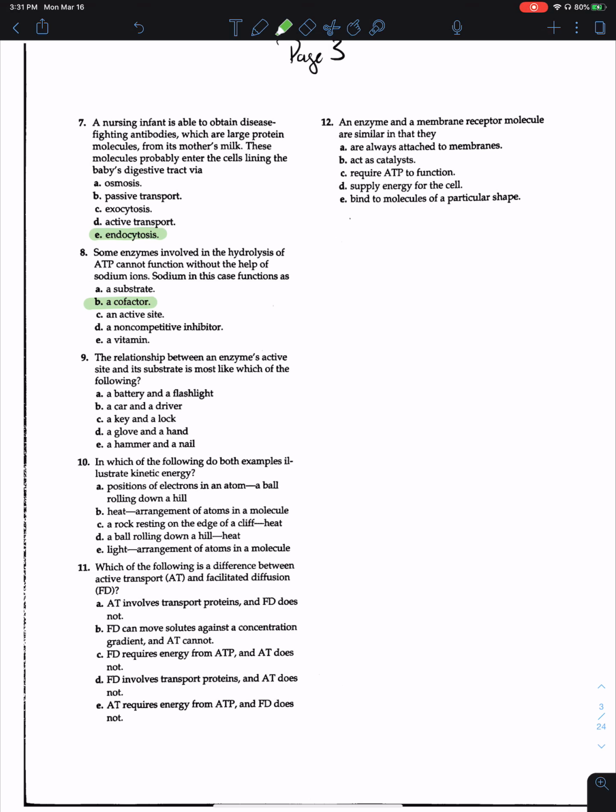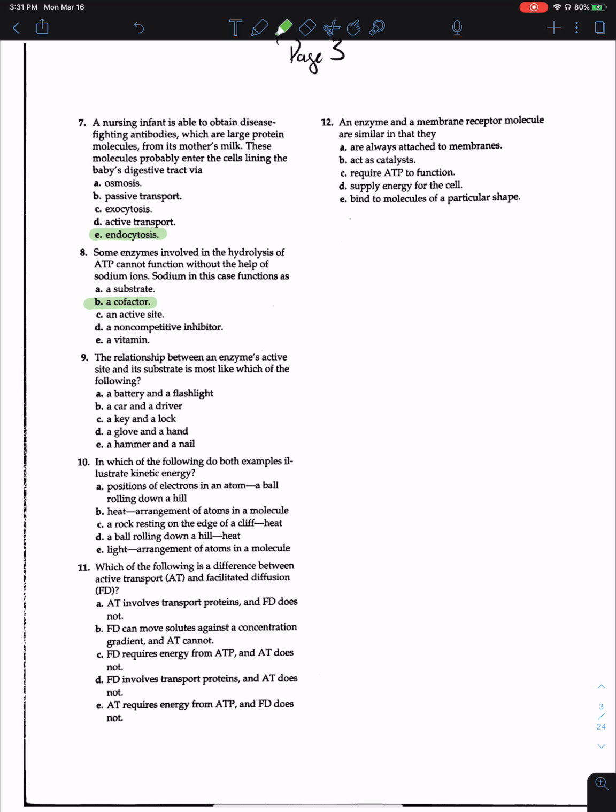So I don't really know if that makes sense as far as what we've talked about in class. But for enzymes to be functional, of course, they do some specific role in your body. Sometimes they need something else to help them be functional. In this case, sodium is used for enzymes to help break down the ATP, right? So that would be called a cofactor.